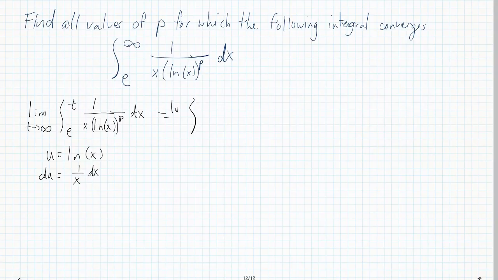This is the limit as t approaches infinity of the integral from natural log of e, which we should know, but if you don't, that's okay, to natural log of t, here's our new bound, of 1 over u to the p du. Okay, so natural log of e, by the way, is just 1.